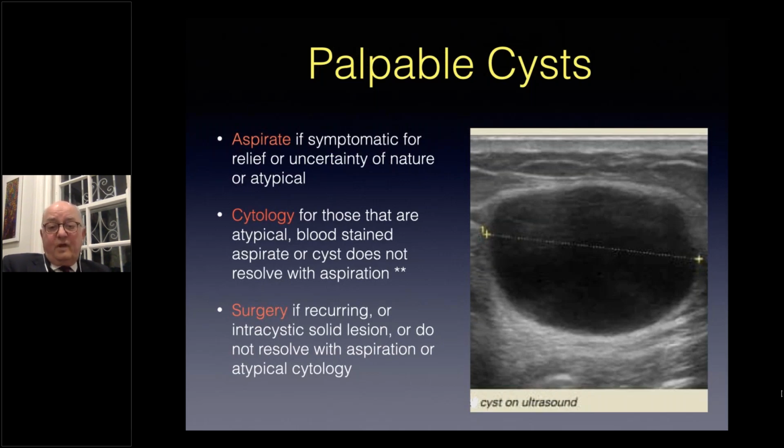You don't have to follow them up with regular ultrasounds. Only if there is some concern and you didn't feel it was enough for excision, but you thought you'd just like to look at it again in some months. But generally speaking, I just return the patient to self-examination and reviews as needed.